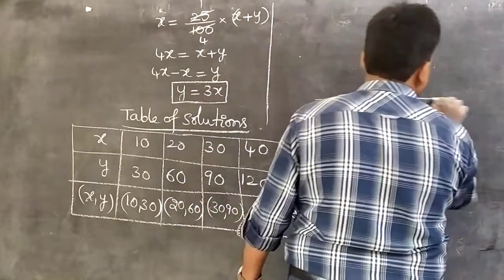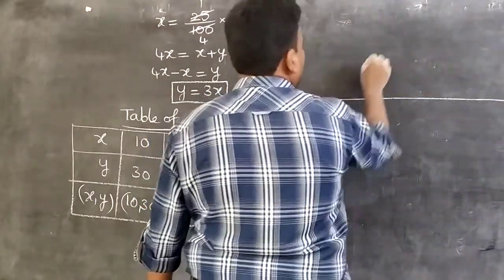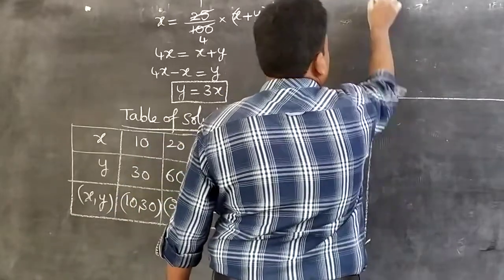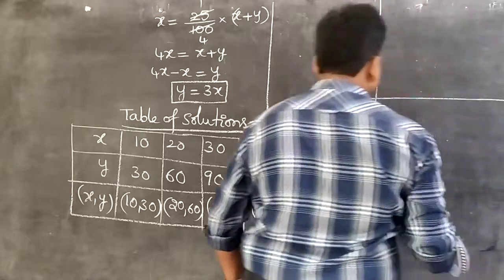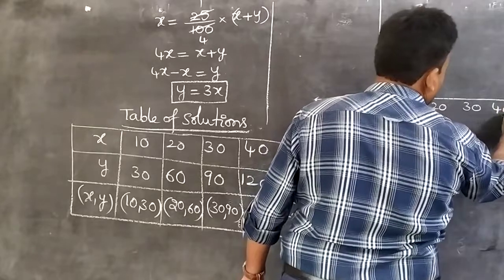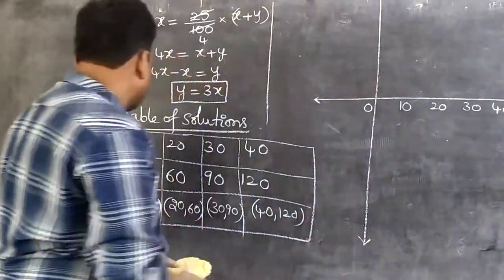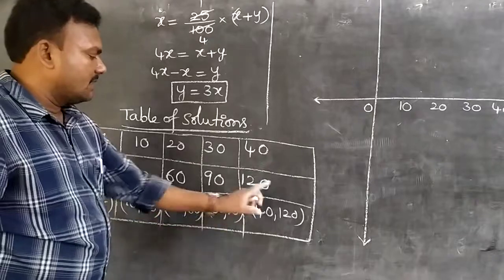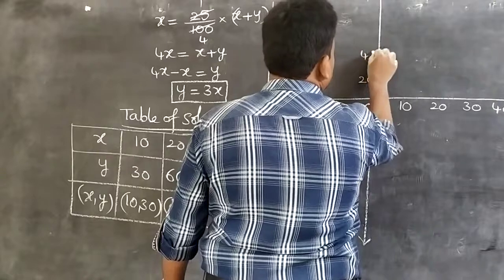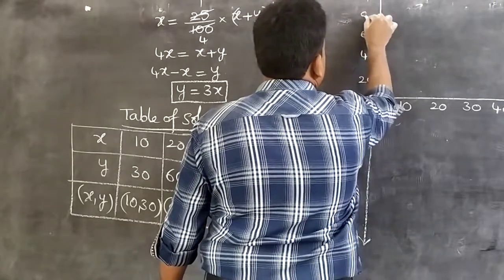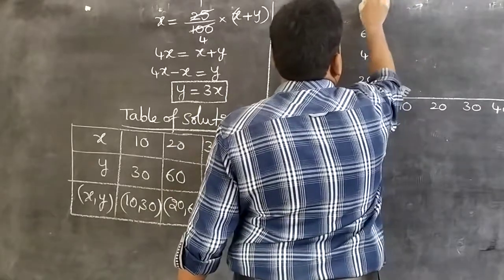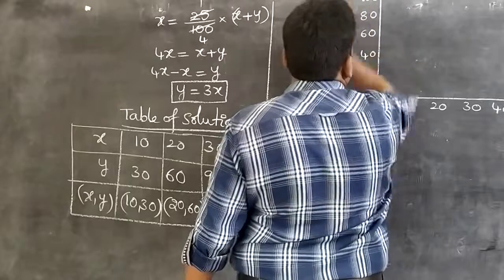Only positive values we are taking here. We can take 20, 40, 60, 80, 100 and also 120.